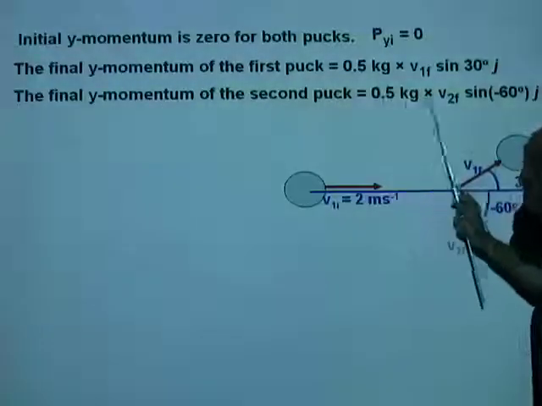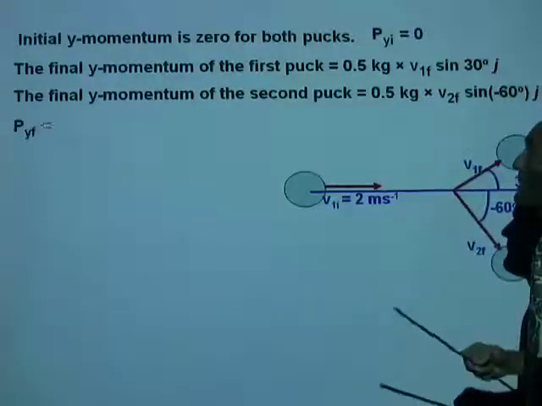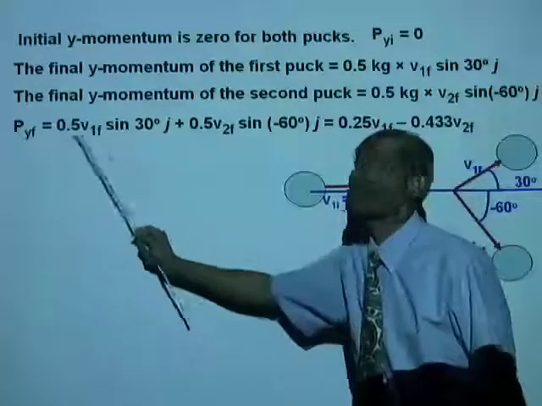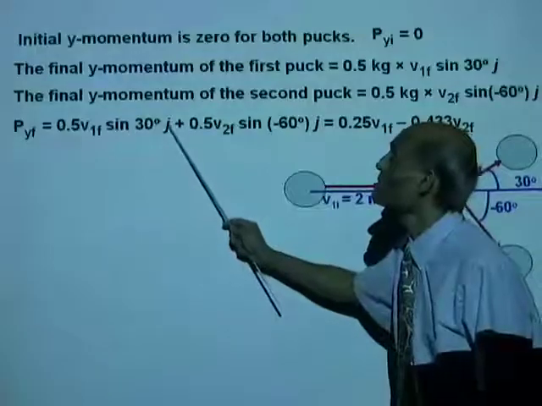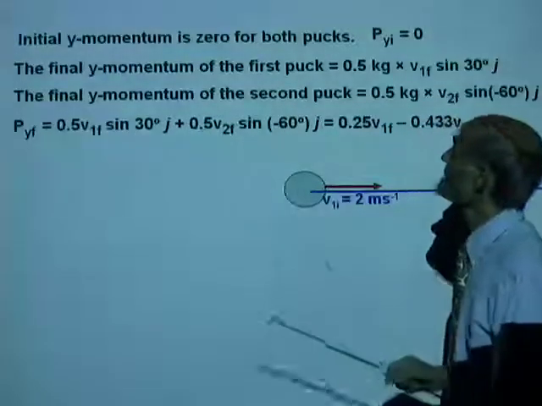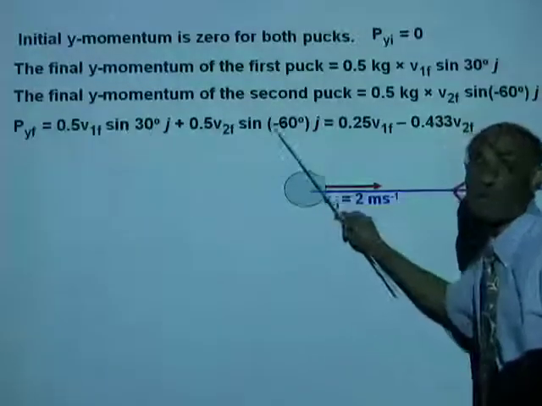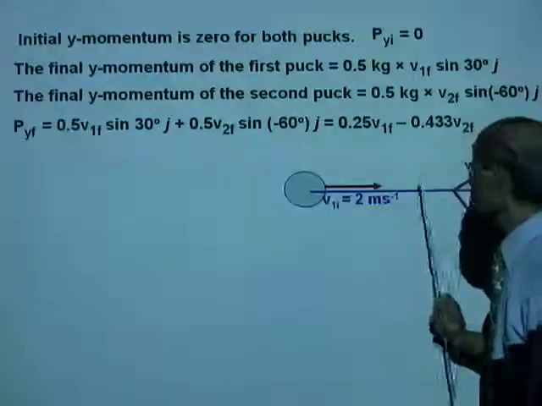Its mass multiplied by its y velocity, which is V2F sine negative 60 degrees. That means the total final momentum is 0.5 V1F sine 30 degrees J plus 0.5 V2F sine negative 60 degrees J. This is the final y momentum of the two pucks.